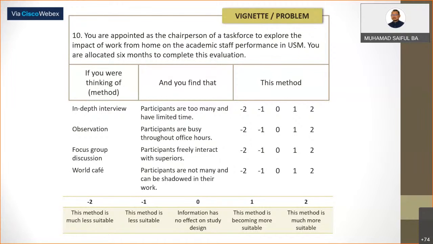They give a scenario as usual, and if you were thinking of a method, it means the student thinks about it in their mind, but then finds that participants are too many and time is limited. So what will this method be? The likelihood, in terms of -2 to 2.